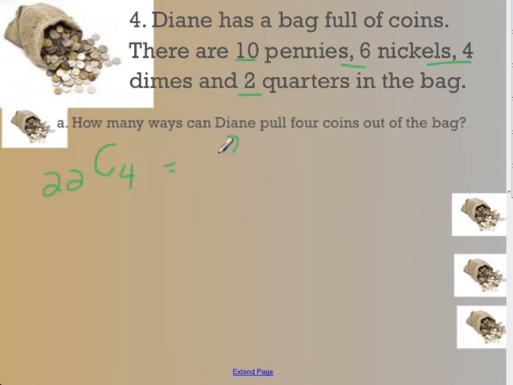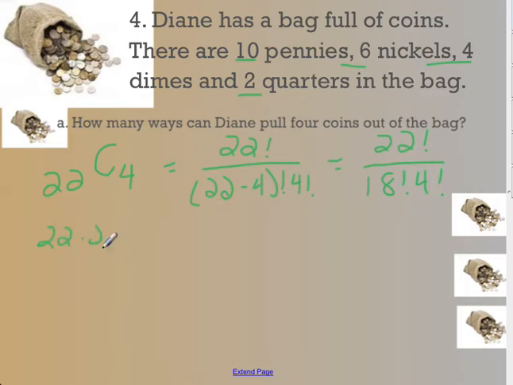So then we have 22 factorial divided by 22 minus 4 factorial times 4 factorial. So that's going to be 22 factorial divided by 18 factorial times 4 factorial. So everything from 18 on down is going to be taken care of.